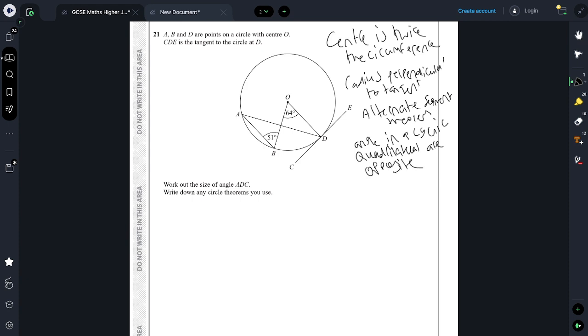I believe that's a circle theorem. Yeah, they are opposite, so they add up to 180.